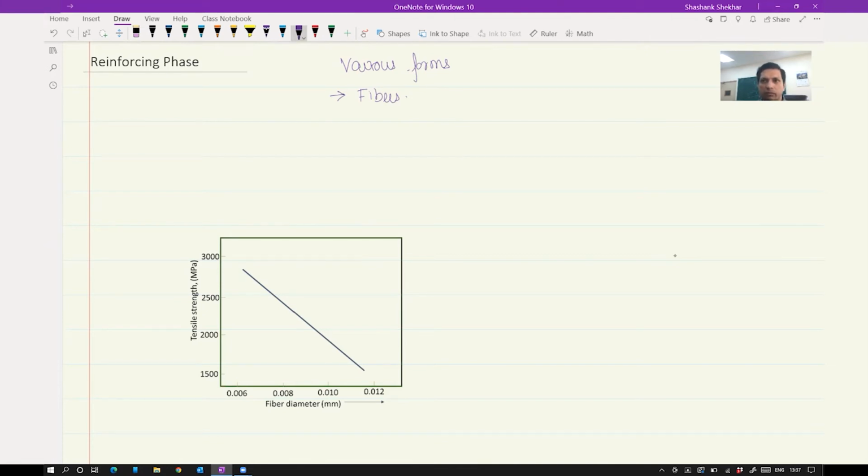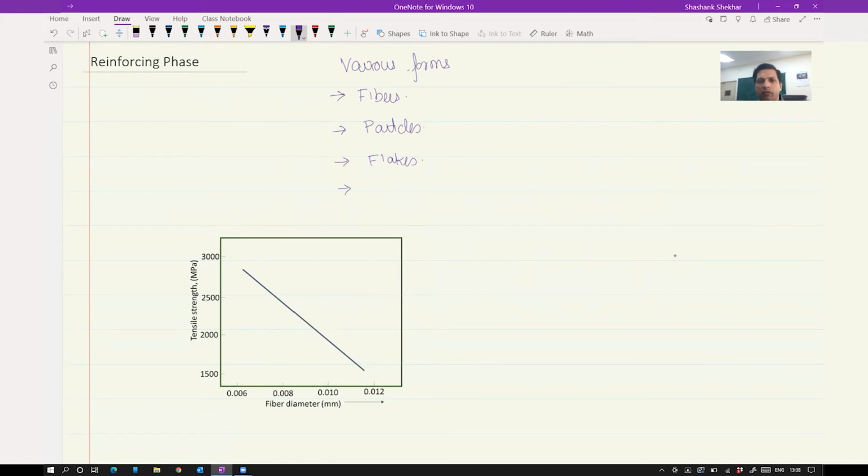So you can have fibers like this, or you can have particles, particulate shaped, again ranging from a few microns to a fraction of a millimeter, or you can have flakes, two-dimensional particles like platelets. So they can also serve as reinforcing phase.